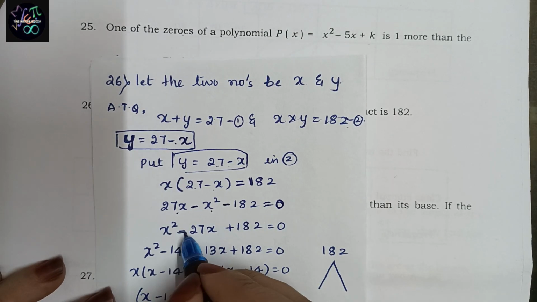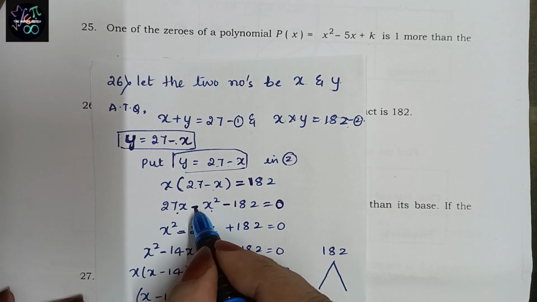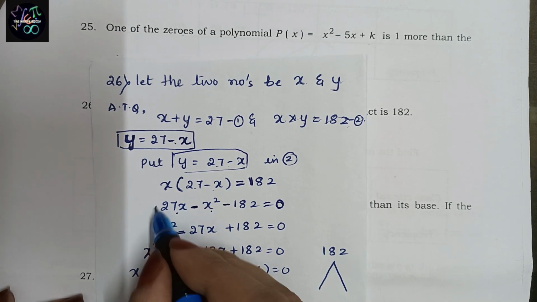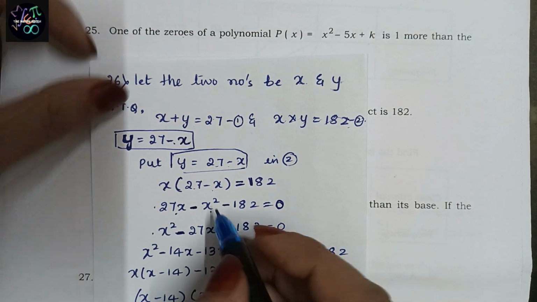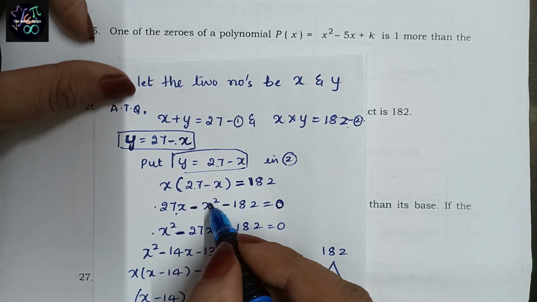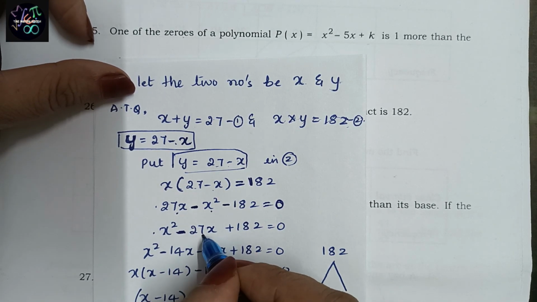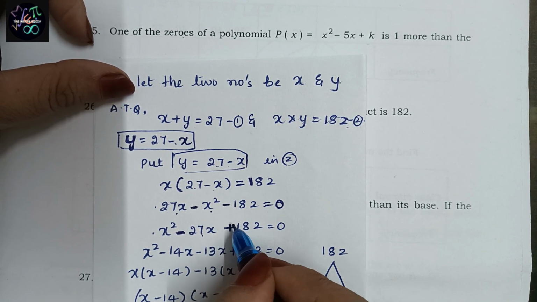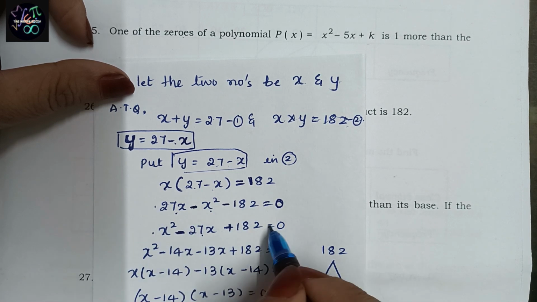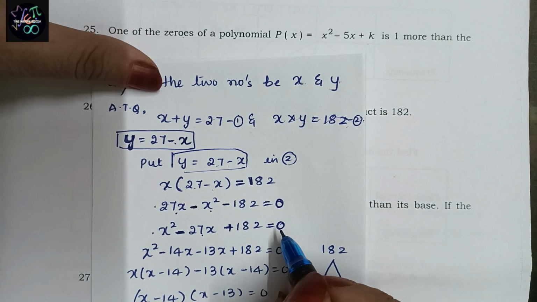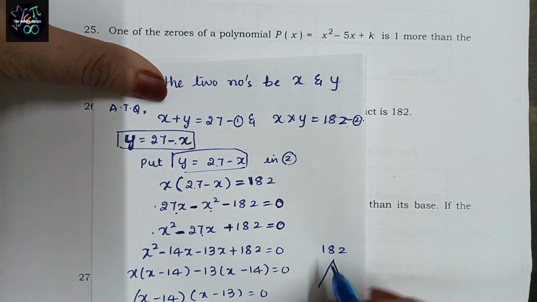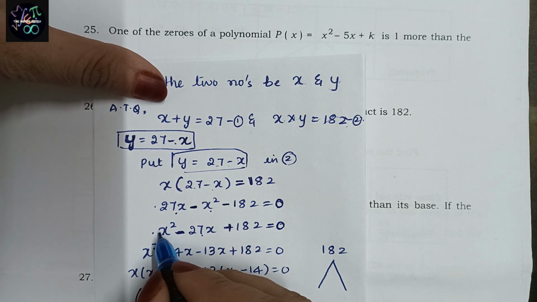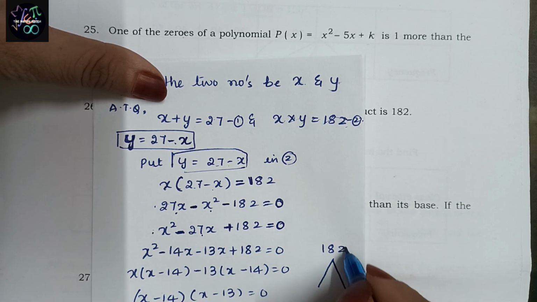Now x square minus sign is there, so I have written this as plus, this plus, the change of whole equation sign. So as a quadratic equation, x square first, then minus 27x plus 182. Why I have done this? Because I have changed the whole equation sign is equals to 0. Now we have to find the factors, that is, factorize first and last number, that is 182 x square.